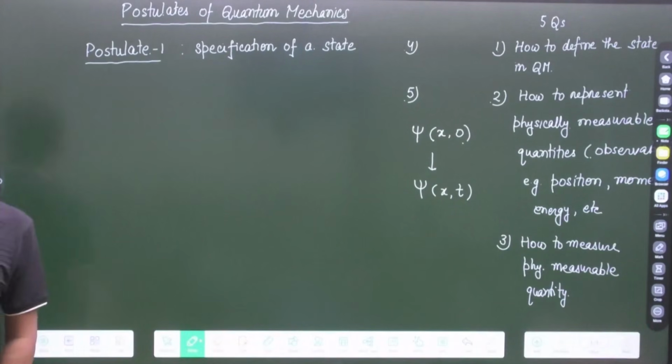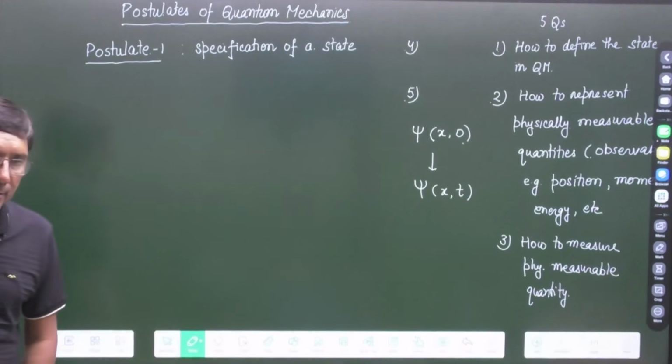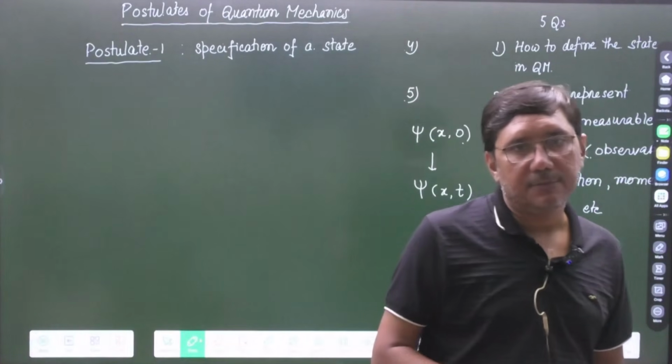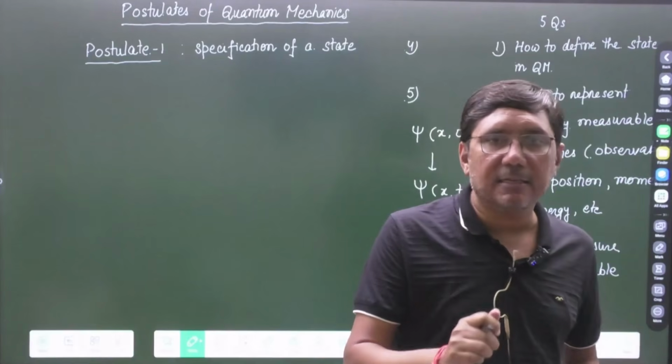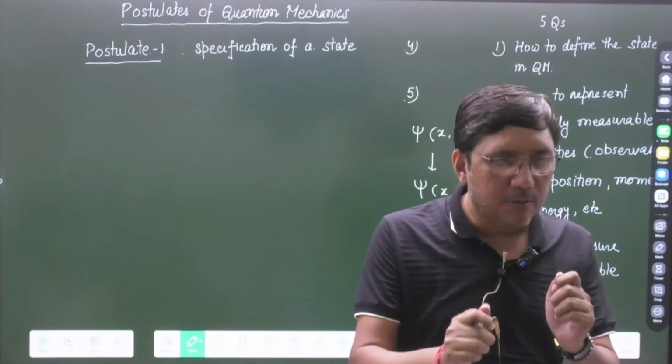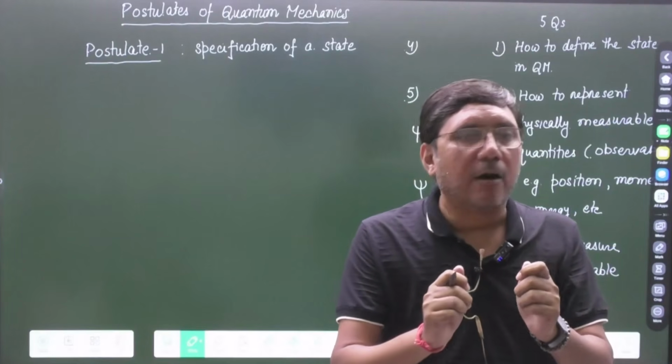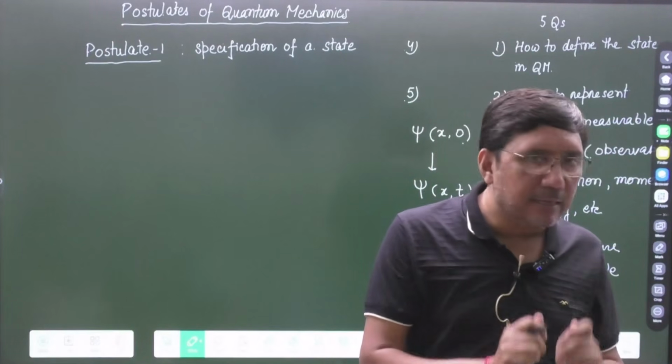Now, in quantum mechanics, what is the problem? We start with classical mechanics. In classical mechanics, how do you define the state? We define the state by two coordinates: one is position, another is momentum. Why are you able to represent it like this?